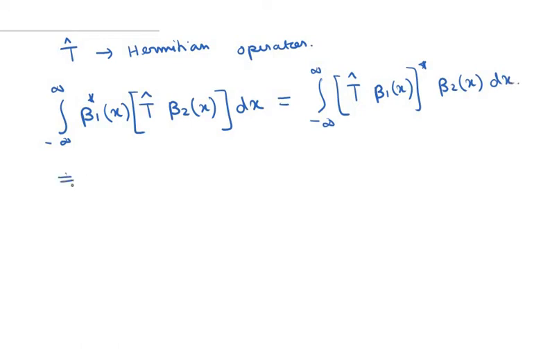Or in bracket notation, beta 1 T beta 2 is equal to T beta 1 beta 2.